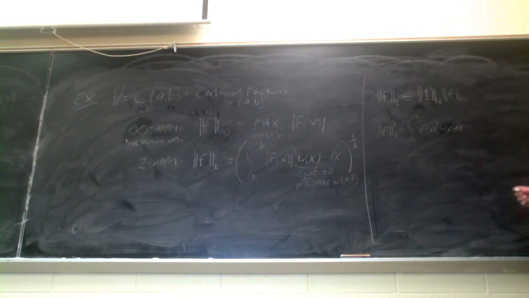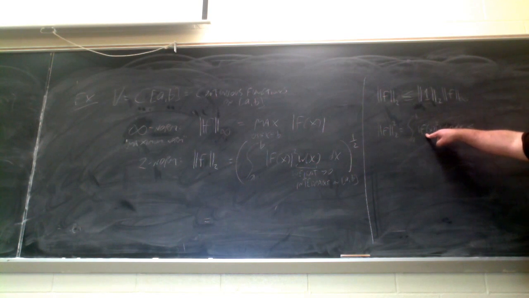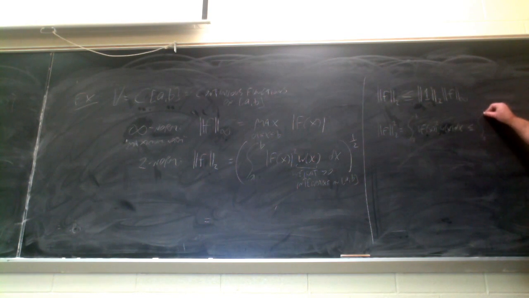And then I can say this is less than or equal to, replacing the absolute value of f with its infinity norm. But that's a constant now, so I can pull it out. And what's left? The integral of just the weight function. And this is just the norm of 1 squared. Oh, this is squared also. So by taking the square root of both sides, then I get this relationship. All right.